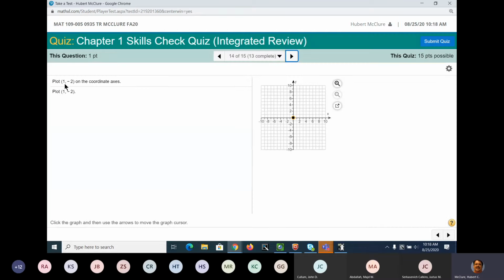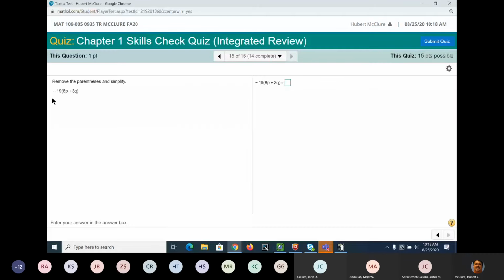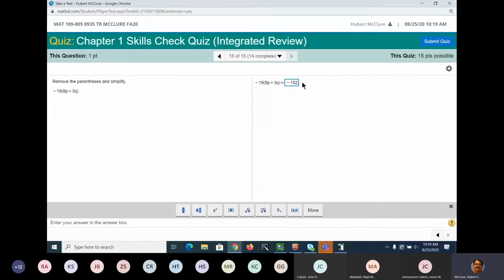Plot 1, -2. Remove the parentheses. Well, that's going to be what? Let's see. 8 times 19. 152. Well, -152p.